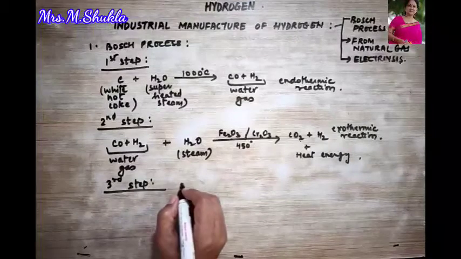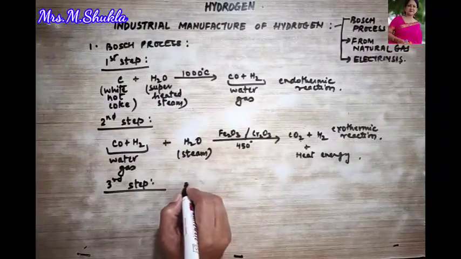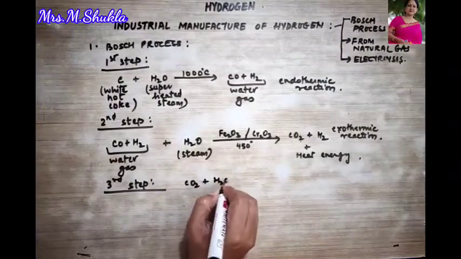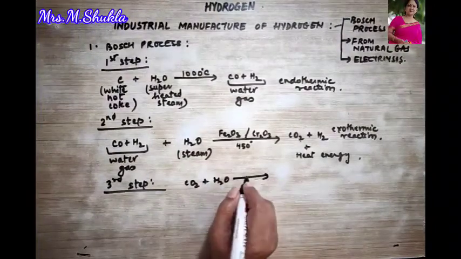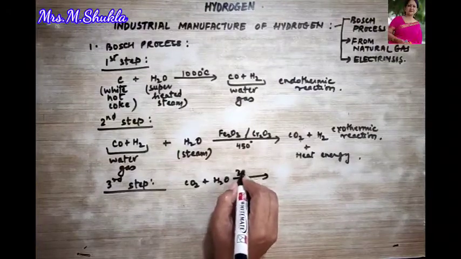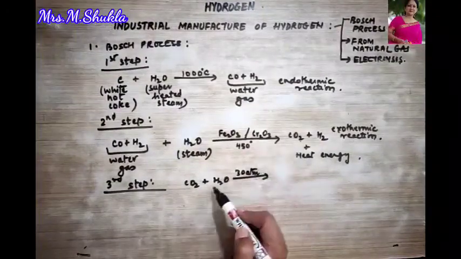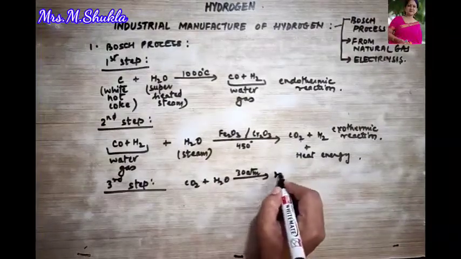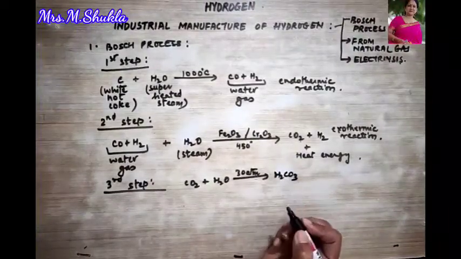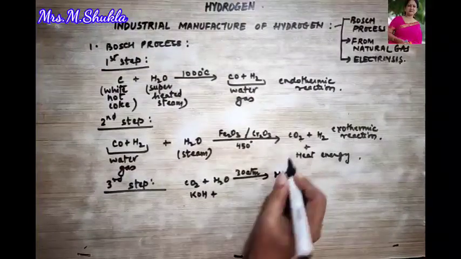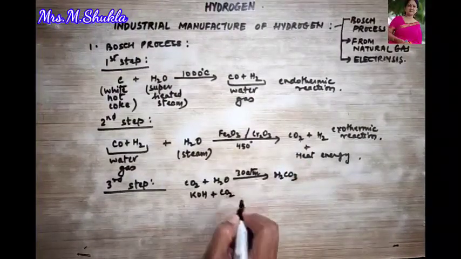So let us do the third reaction over here. As I told you, if we pass this mixture through cold water under 30 atmosphere, then this carbon dioxide dissolves in cold water. Then what is it going to form? It forms carbonic acid. Or maybe if we use KOH, then also CO2 will be removed.